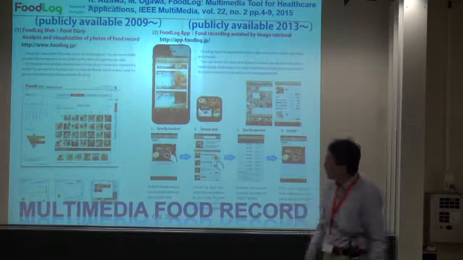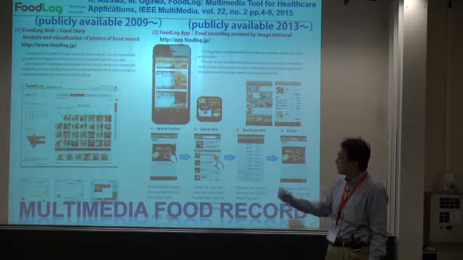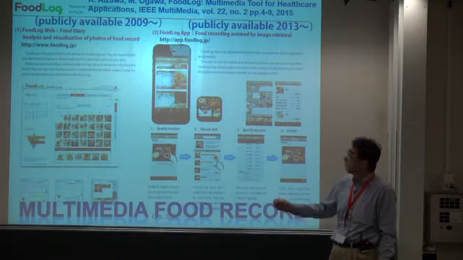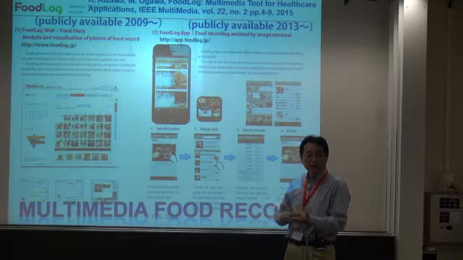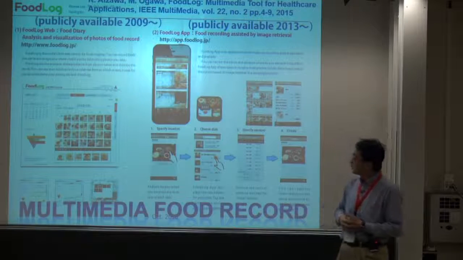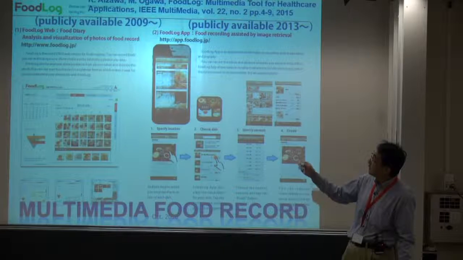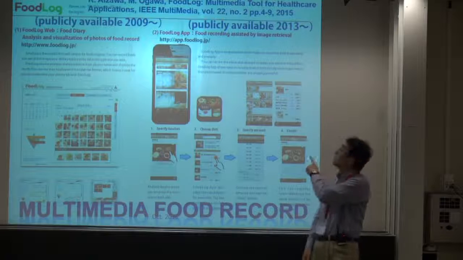And we have made photo-based recording tools. At the beginning, we made a web-based food diary, and then later we made a smartphone-based food diary. They are made publicly available since 2009 and 2013.